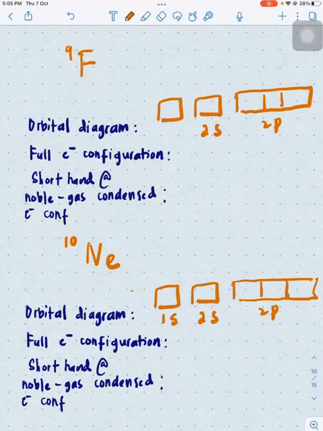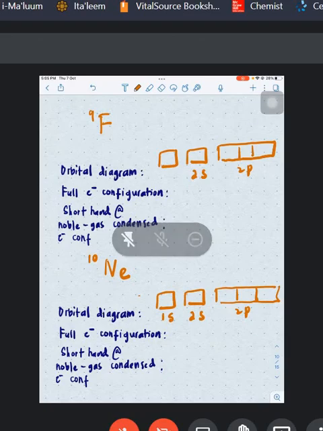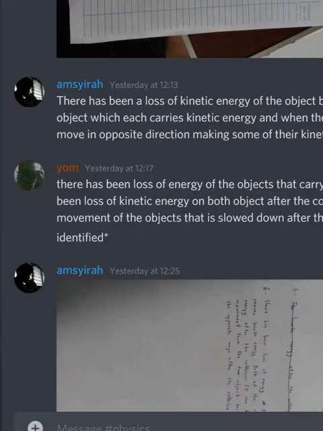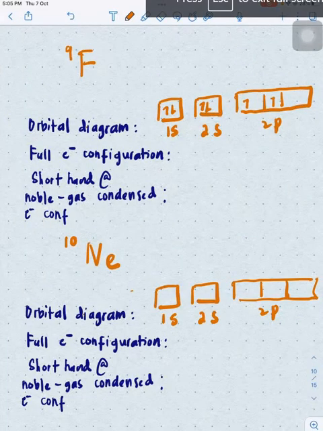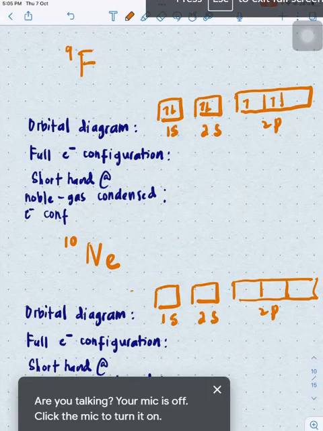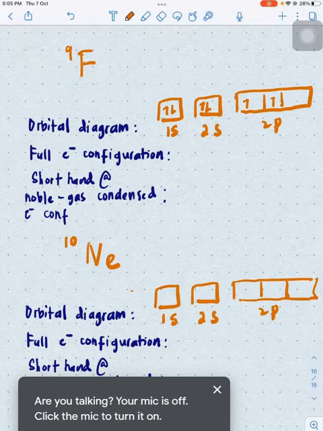Okay, so let's look at fluorine. Fluorine ada 9 elektron. So 1, 2, 3. Hilang pula label dia. Okay, 1, 2, 3, 4, 5, 6. Memang setiap kali you all tulis electron configuration, you must go with the flow. Ikut semua rule. So yang ni walaupun you all dah tahu dia berpasangan, tapi make it as a practice.